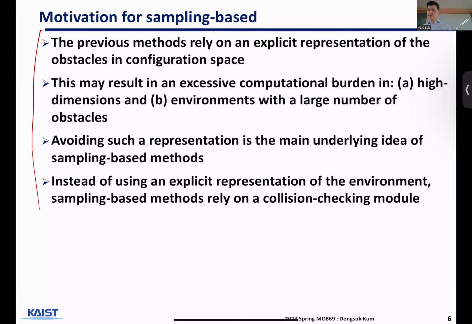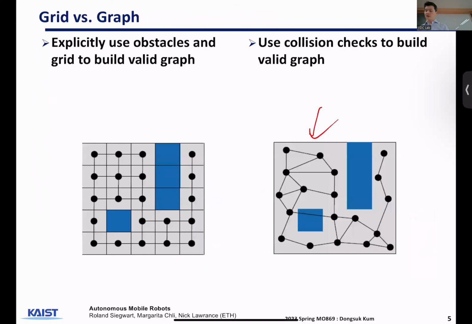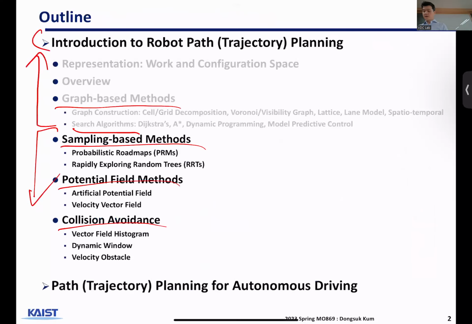Sampling-based methods rely on a collision checking module. Like I said, sampling-based methods can also be considered as graph-based methods. Can you guys see? That's what I meant earlier.